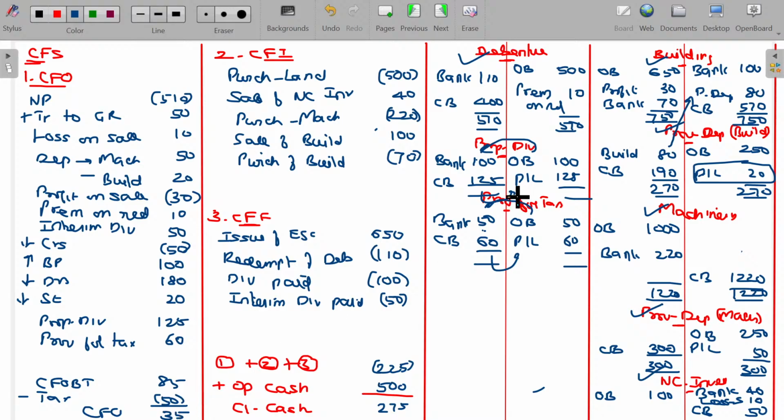Cash from investing 650 negative. Cash from financing 390 positive. 390 positive, 35 positive, 425, 650 negative, 225 ultimately negative you are getting. Hope you will be now able to understand this one.